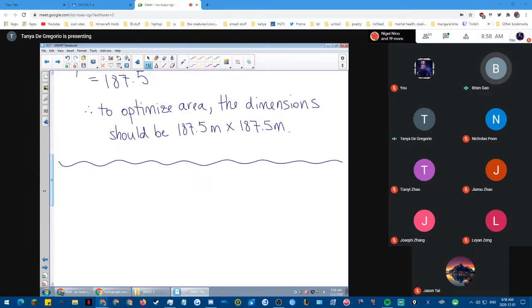Because you only have 750 meters of fencing. You got it. And do we have a negative x value? No, I'm talking about length, right? So we can't have a negative x value, and yes, we have a maximum of 750 meters of fencing. So these are our restrictions.